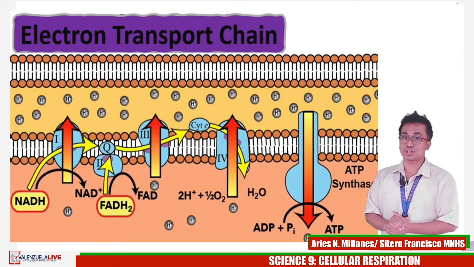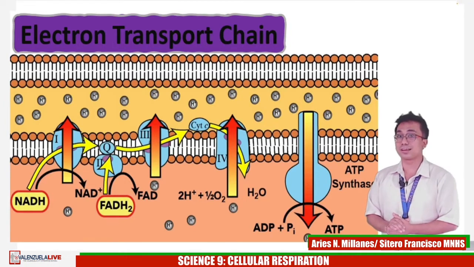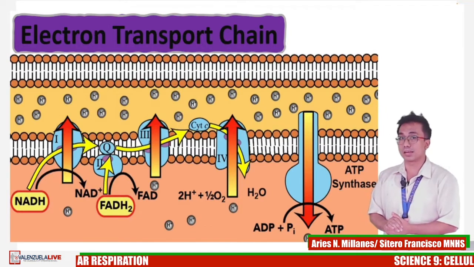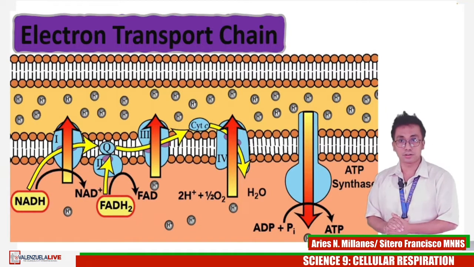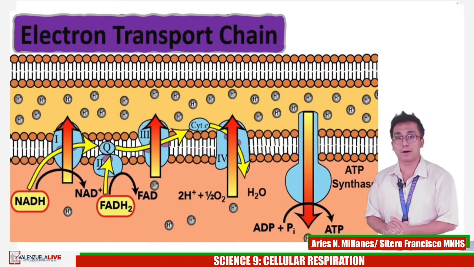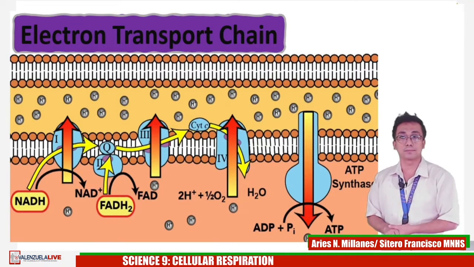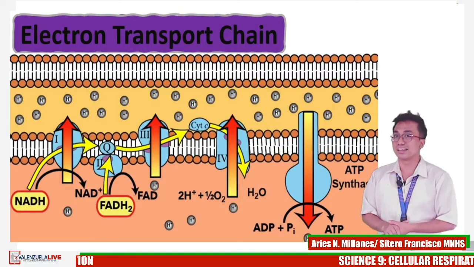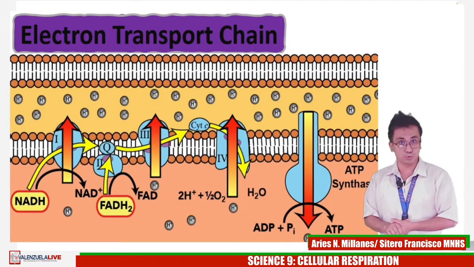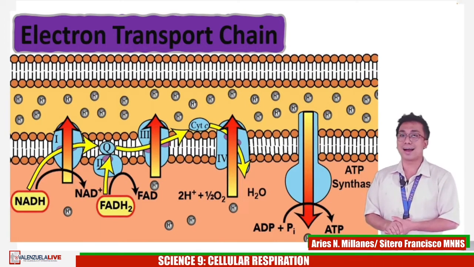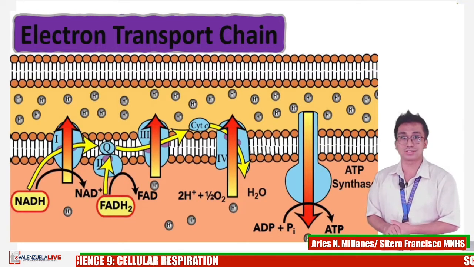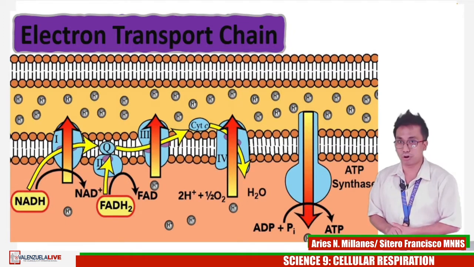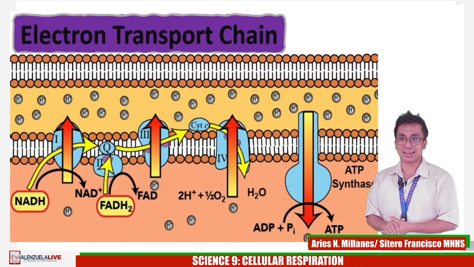The last stage of cellular respiration is called the electron transport chain, or ETC. In this stage of cellular respiration, we can produce a huge amount of energy, or ATP. It happens when the electron carriers, the NADH and the FADH2, transport the high-energy electrons they possess to the inner layer membrane of mitochondria, called cristae.